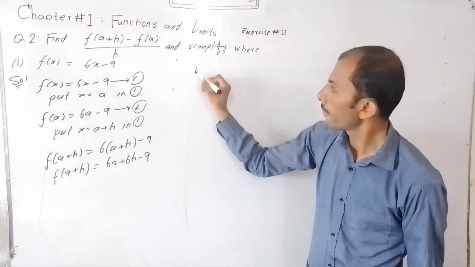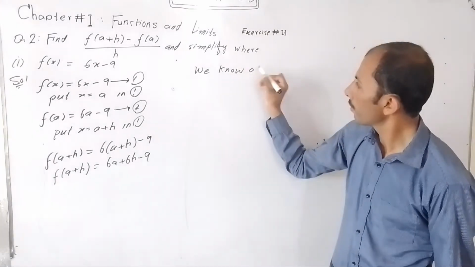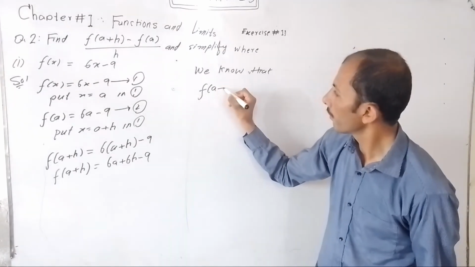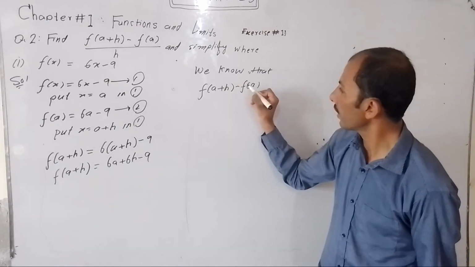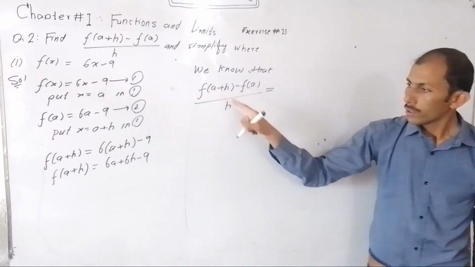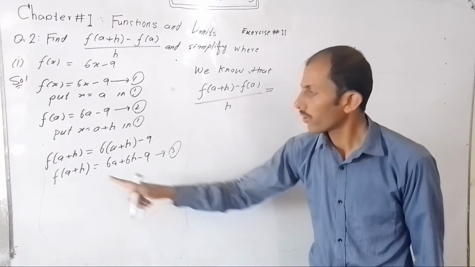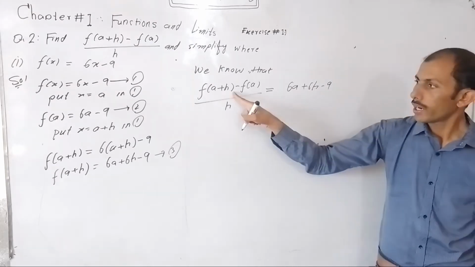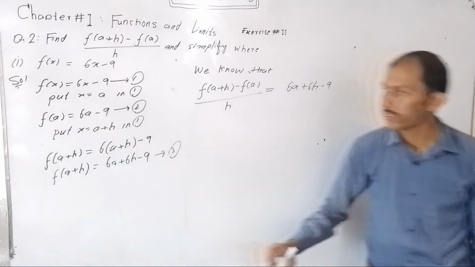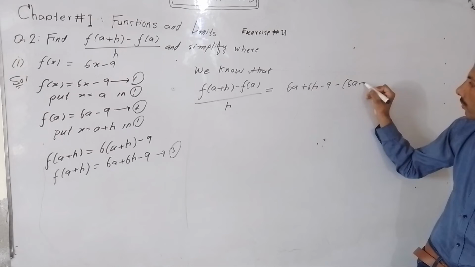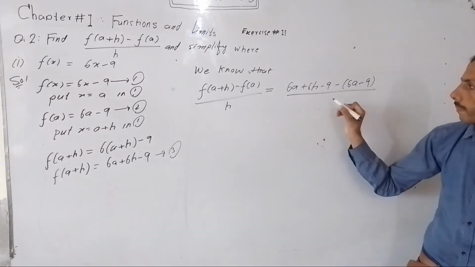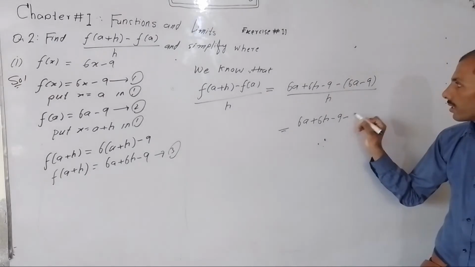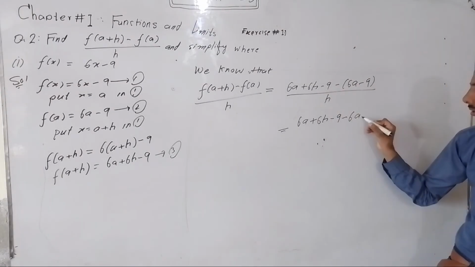We know that f of a plus h minus f of a divided by h is equal to, from equation number 3, f of a plus h is equal to 6a plus 6h minus 9, minus f of a, so f of a value is equal to 6a minus 9, divided by h, is equal to 6a plus 6h minus 9 minus 6a plus 9.